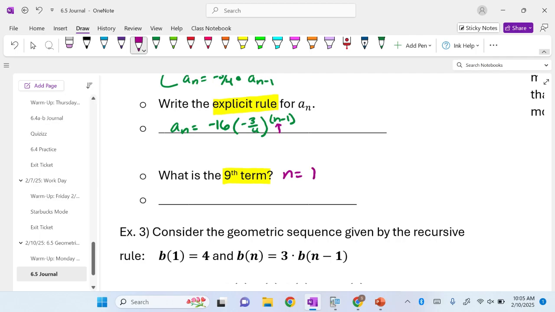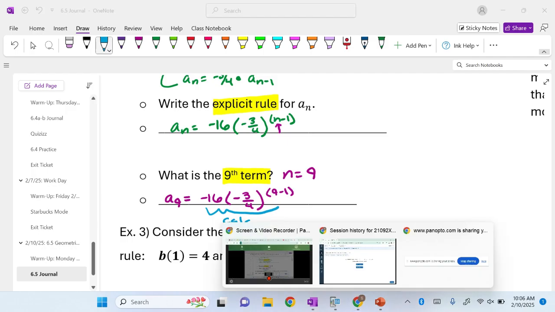We're finding the 9th term, so n is equal to 9. So we're just going to plug in 9 for n and put it in our calculator. So I would get A of 9, because that's the 9th term, is equal to negative 16 times negative 3/4, all raised to 9 minus 1. Then we can just put all of this in our calculator to get an answer.